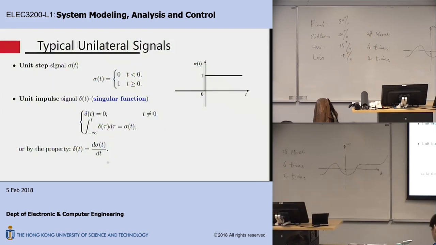So the integral of delta is equal to the step, then the derivative of the step gives you delta. This is according to the calculus. The differentiation is the opposite. It's the inverse operation of integration.